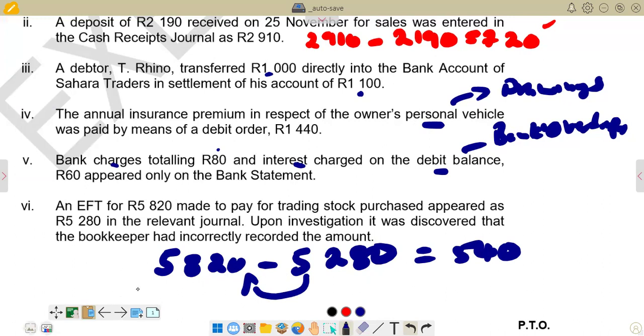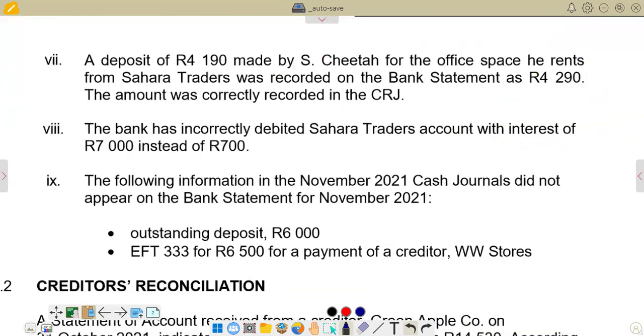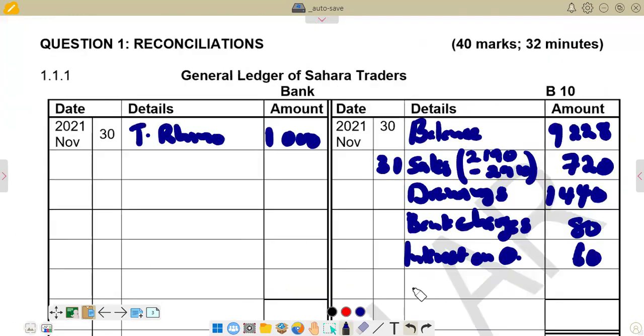So we go on the credit side and we're saying this is trading stock. So we go on the credit side. We are saying trading stock. Then the amount that we have is 540. So we go back again to check if we have any other adjustment that needs to be done.